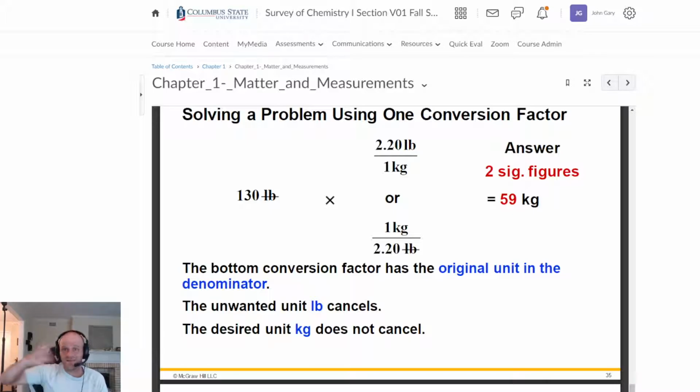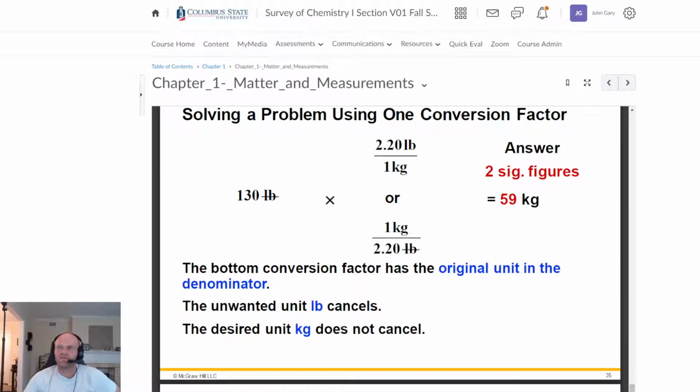So just by writing it upside down, I failed to cancel it out. The way I should have written it was 1 over 2.76 meters. Right now my meters can cancel, and I have millimeters on the bottom if that's what I wanted.